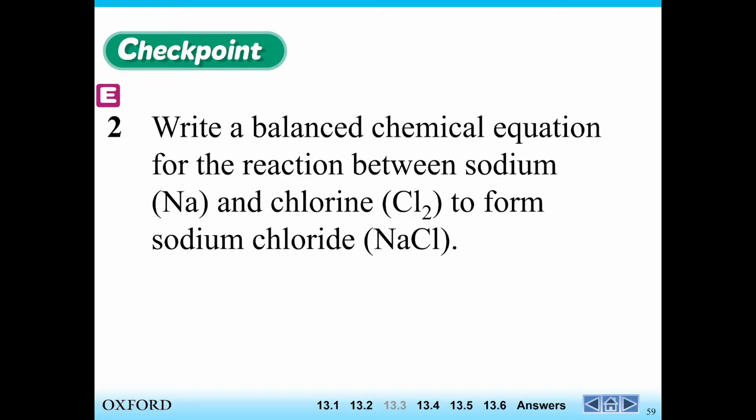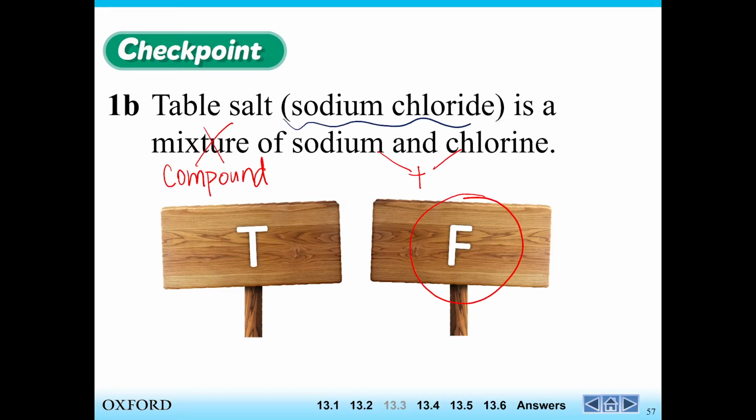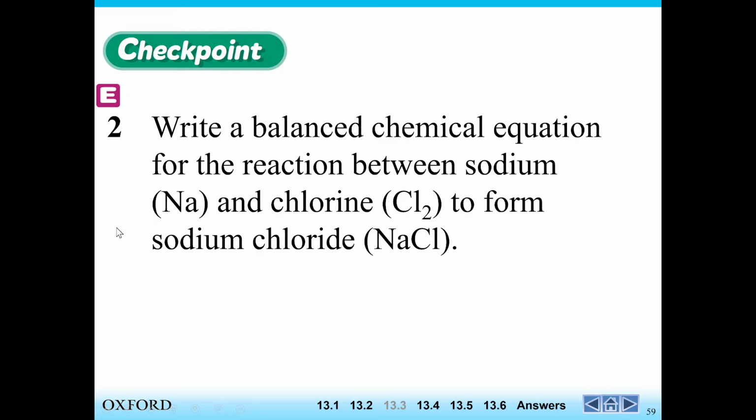Now, balancing chemical equations. For the reaction between sodium and chlorine, these two are the reactants to form sodium chloride. So this is exactly what one of the questions here, the question about table salt, was asking about. So let's try to balance it. Sodium here is Na, and it reacts together with chlorine. The addition sign means reacts with.